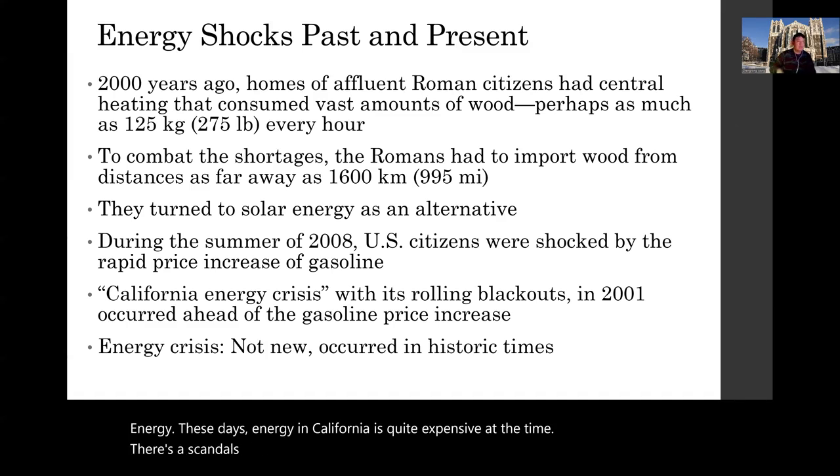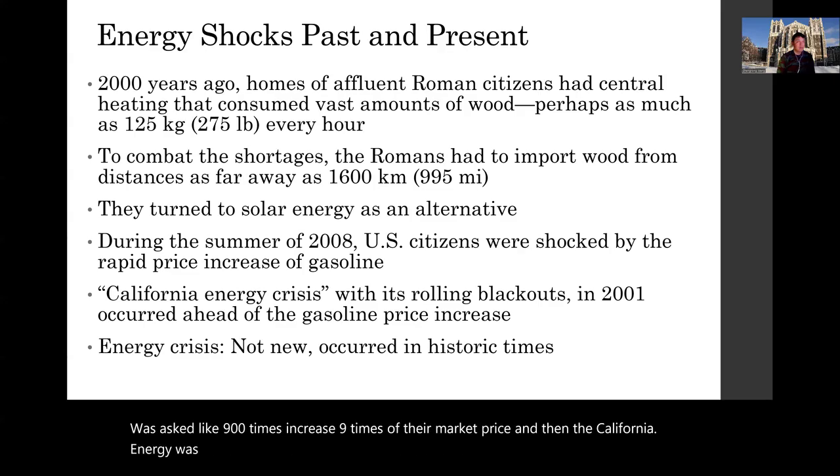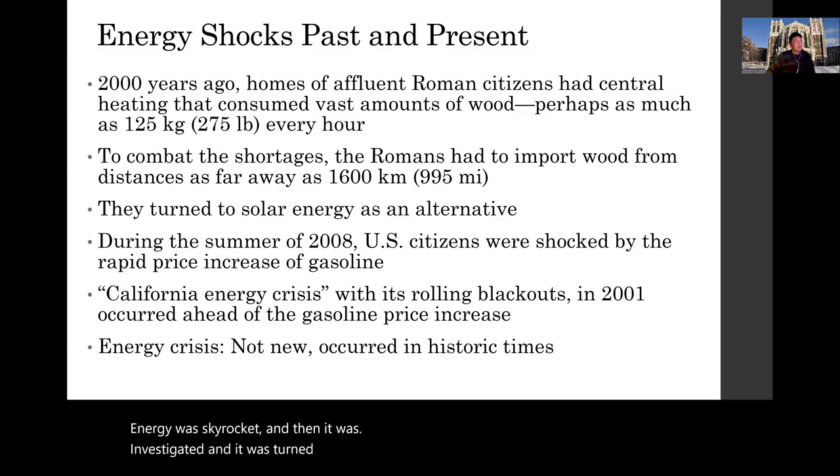Some of the traders in the utility company asked for a 900 percent increase, nine times the market price, and California energy prices skyrocketed. It was then investigated and turned out to be a scandal.